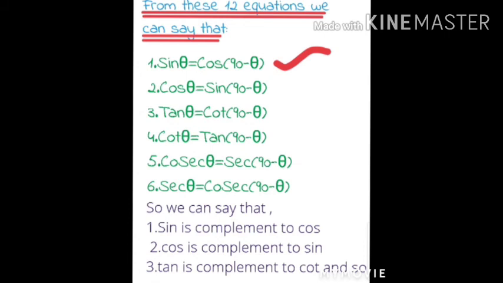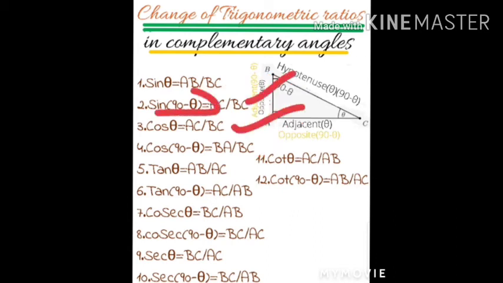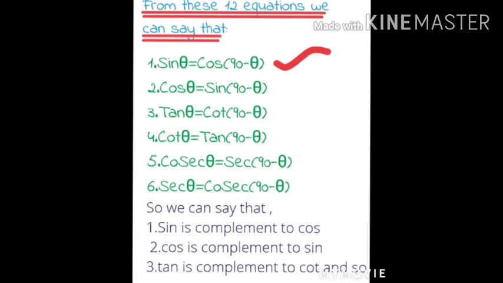We can see the second one here: sin 90 minus theta is equal to AC by BC, and cos theta is also equal to AC by BC. By equating these, sin 90 minus theta is equal to cos theta, which is the vice versa of the first identity: cos theta is equal to sin 90 minus theta.